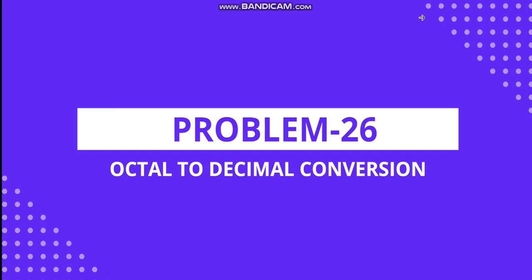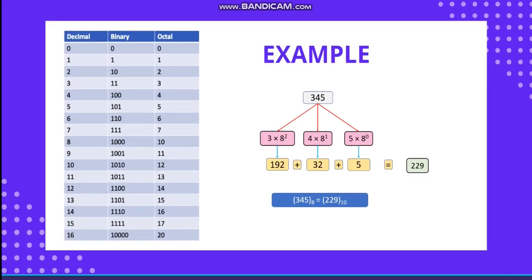Let's see the example. In this example portion, on the left hand side, you can see a table where every number is represented in different number systems. 0 in the decimal, binary and octal number systems remains 0. 1 in decimal is 1, and 1 in binary and octal is also 1.